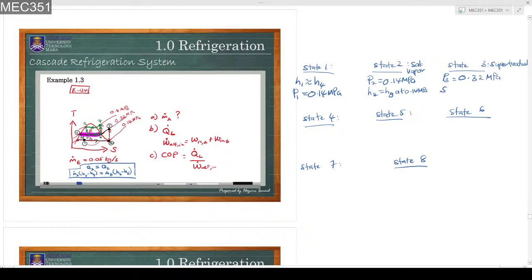And then S3 is supposedly equal to S2, the entropy. Why? Because the question does not say otherwise, this is an ideal vapor compression, so we assume that there is 100% isentropic efficiency.